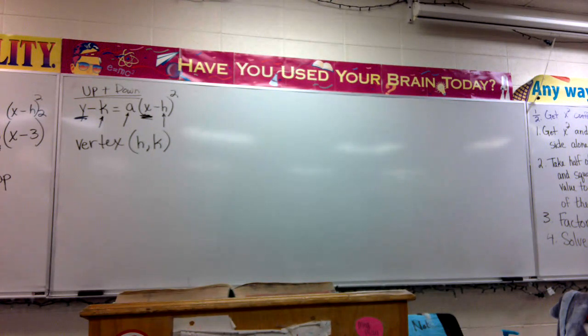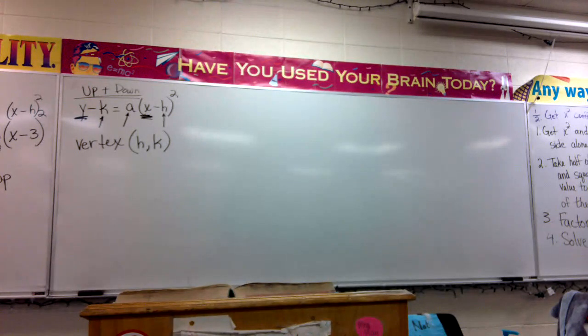There will be a point that's absolutely the lowest before it starts coming back up. That's the vertex. If the parabola opens down, then there will be an absolute highest point. That's called the vertex. So the vertex is the lowest point if it opens up, and the highest point if it opens down.